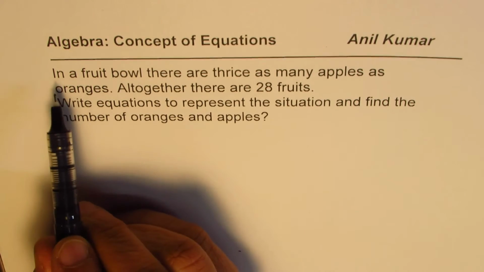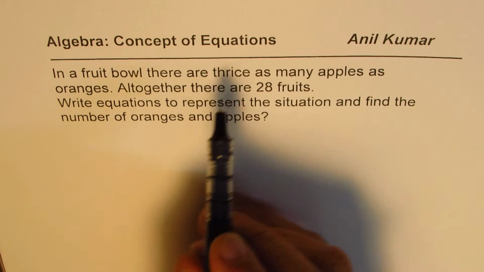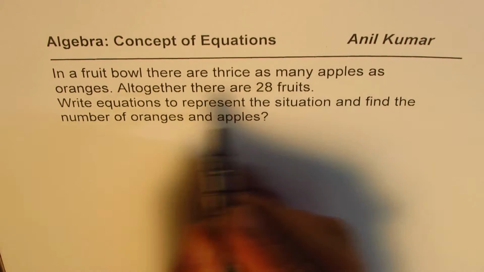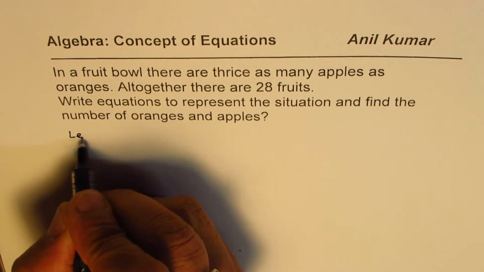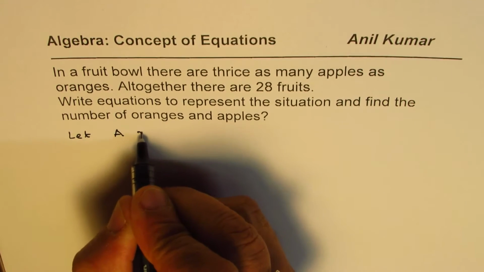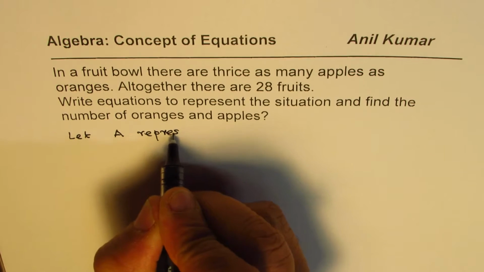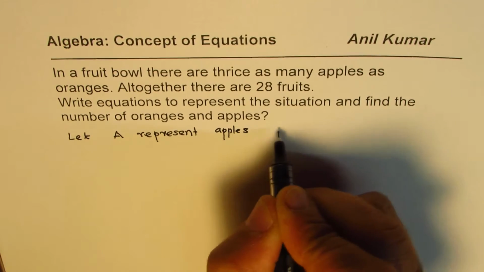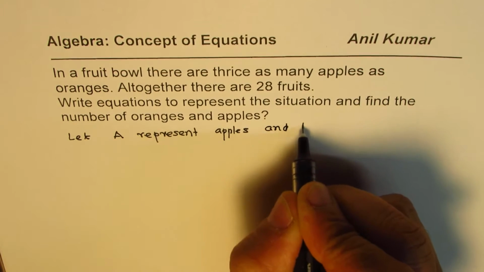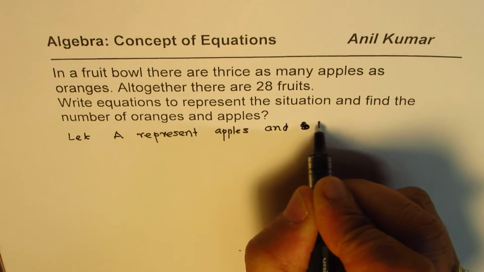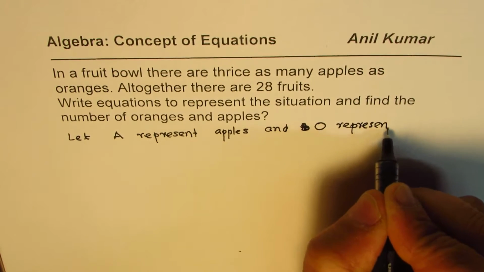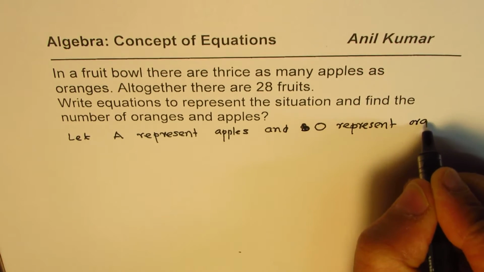The first statement is, in a fruit bowl there are thrice as many apples as oranges. So we say we have apples and oranges. We say let A represent apples and O represent oranges.